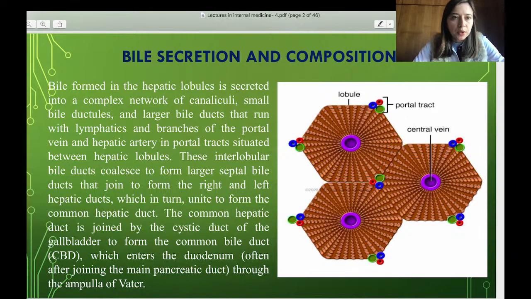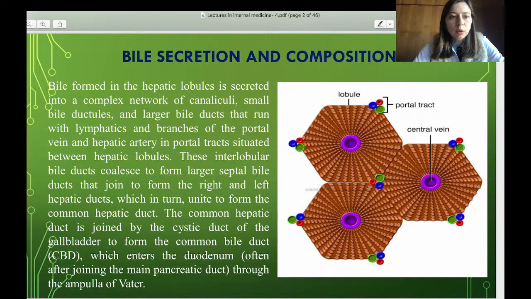Bile formed in the hepatic lobules is secreted into a complex network of canaliculi, small bile ductules, and larger bile ducts, which run with lymphatics and branches of the portal vein and hepatic artery in the portal tract situated between hepatic lobules.